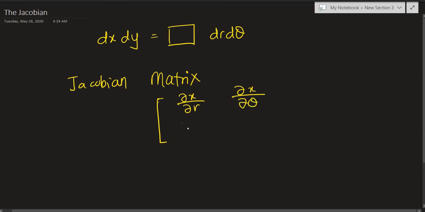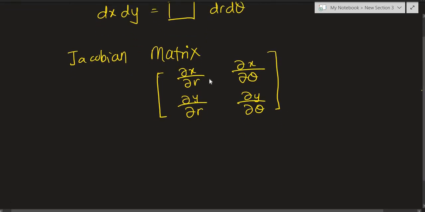And now the second variable y differentiated partially with respect to r, and then with respect to theta. So it's a matrix of partial derivatives, and in the same row we have the same variable of the old coordinate system. Our old coordinate system was x and y, and our new coordinate system is r and theta.